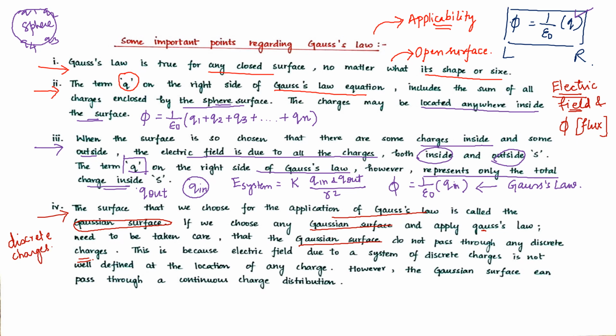This is because electric field due to the system of discrete charges is not well defined at the location of any charge. However, Gaussian surfaces can pass through a continuous charge distribution. So see why they are saying that it should not pass through the discrete charges but can pass through the continuous charge distribution.